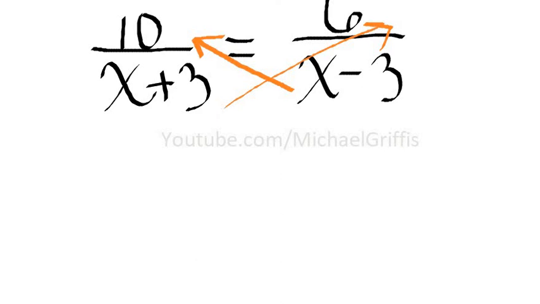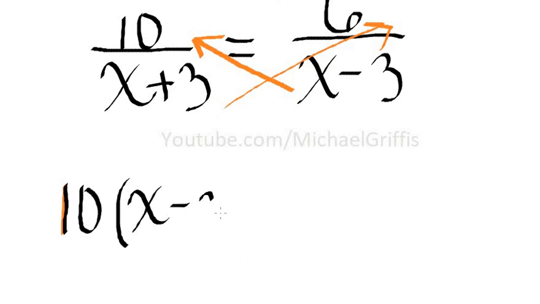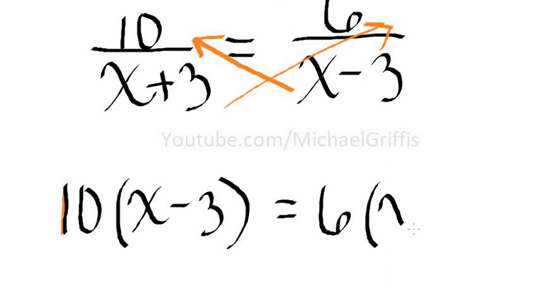So let's rewrite this. We have 10 times x minus 3 is equal to 6 times x plus 3. Then we just solve for x.